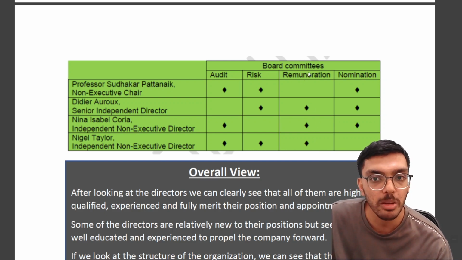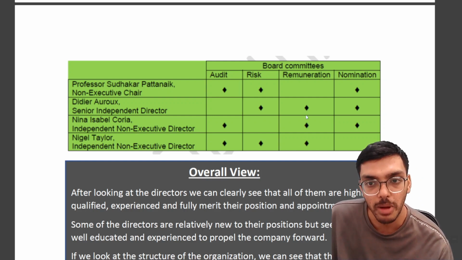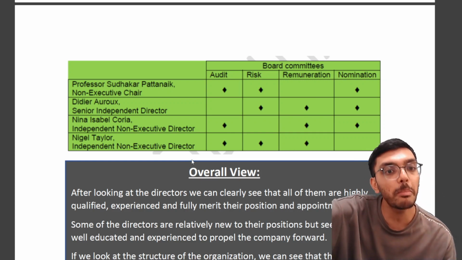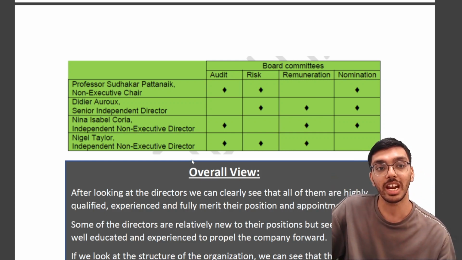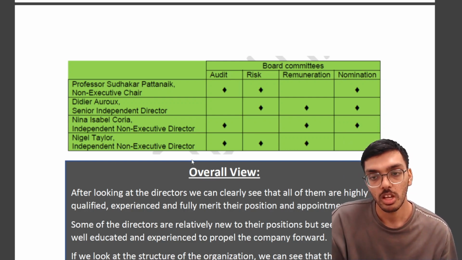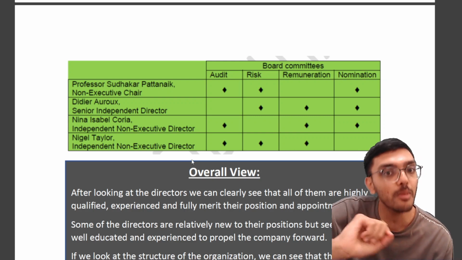For example, in the remuneration committee, Didier is part, Nina is part, Nigel is part. But in all the other committees, there are 2 independent non-executive directors plus the chairman. Chairman can be part of the committee, yes. He cannot be the chair of that committee.